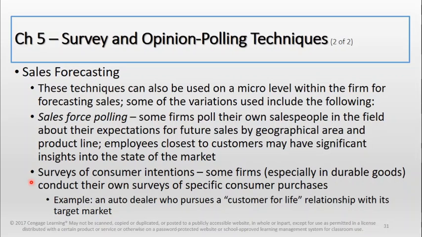For example, an auto dealer who pursues a customer-for-life relationship with his or her target market, or a furniture company, may conduct a mail survey to estimate target household intentions of purchasing replacement autos or furniture. So that is your survey and opinion polling techniques.